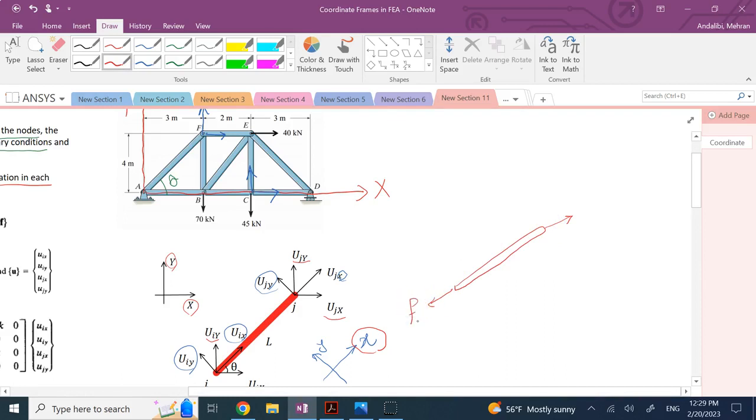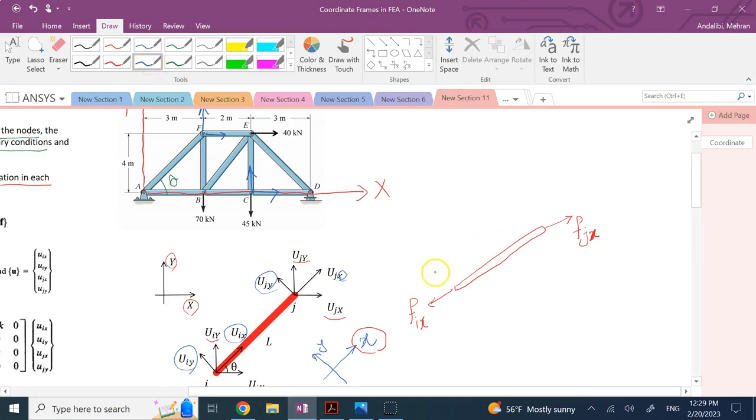So this is like F, and then it is what? It is I because it's at node I, and then small x because it's along small x, and then this is F, J, and x, which in magnitude should be the same as F_ix, right? Because the member is at equilibrium, right?